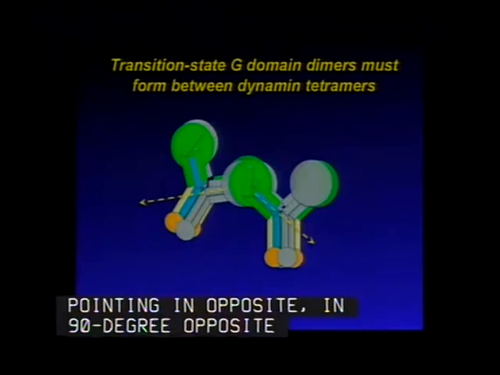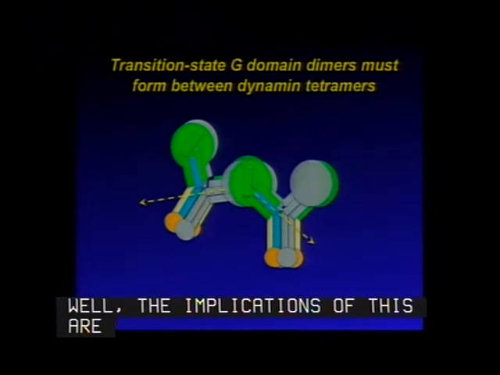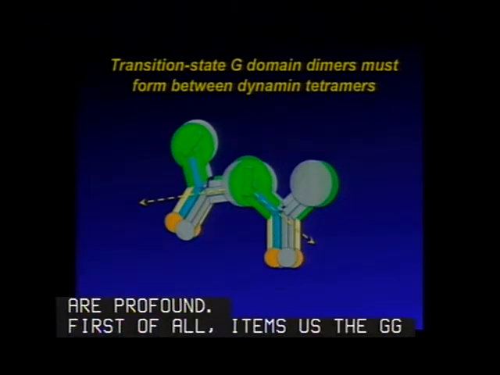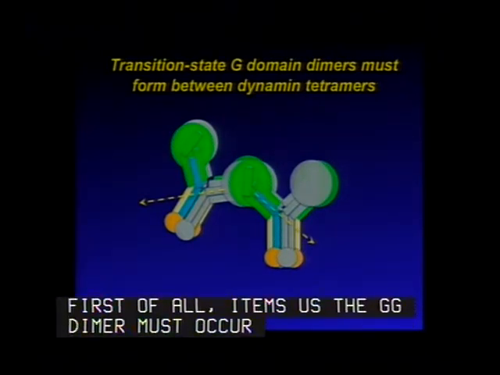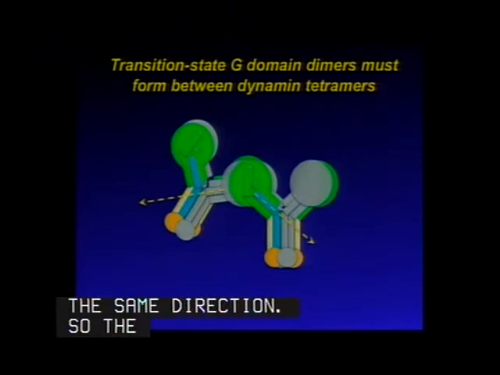Well, the implications of this are profound. First of all, it tells us that the GG dimer must occur between 2 tetramers, because otherwise they have to be pointing in the same direction. So the GG dimer minimum is a dynamin octamer.